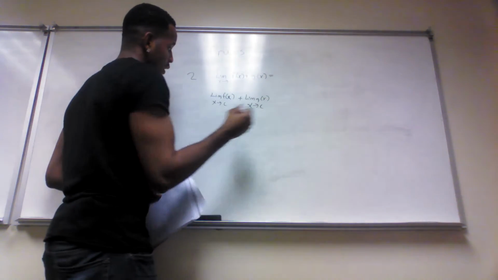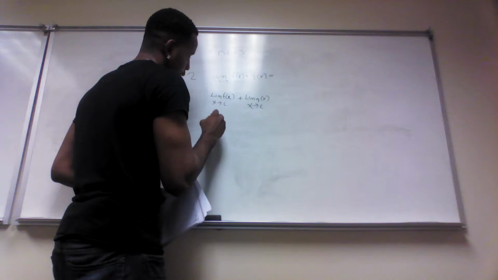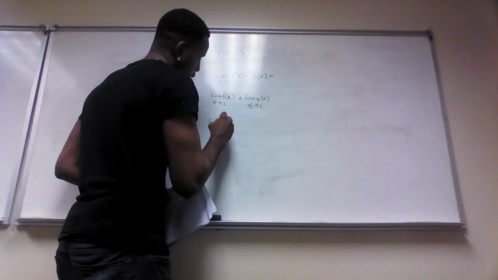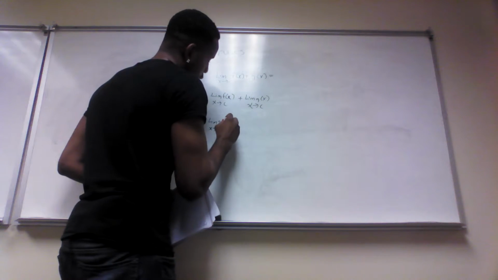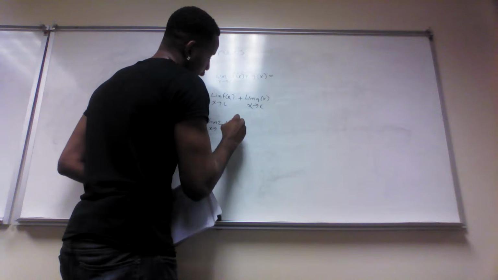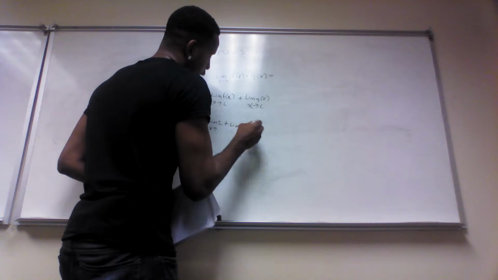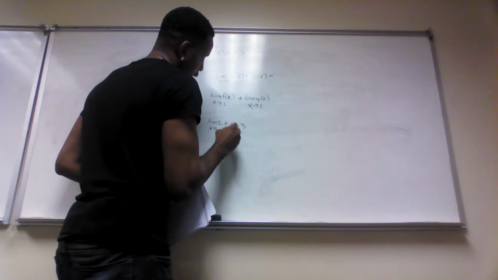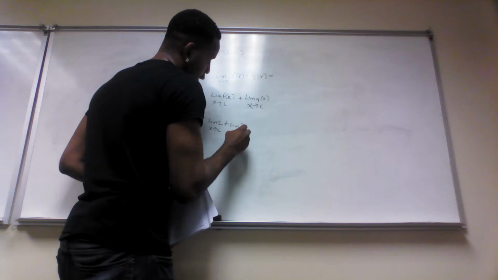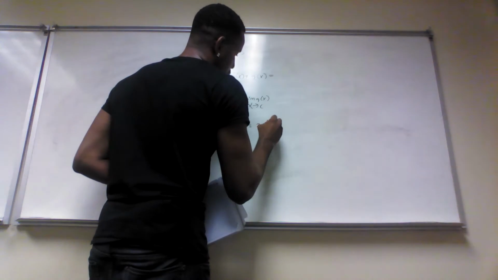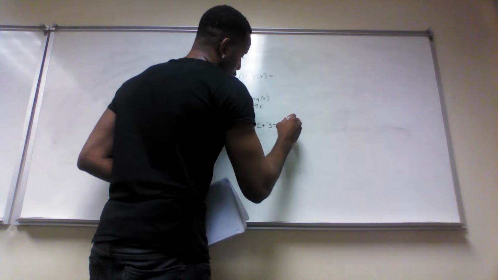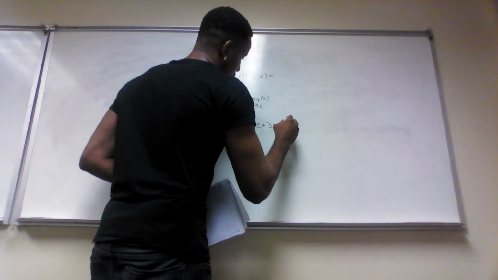Example of this would be the limit of 2 as x approaches c plus the limit of 3 as x approaches c would equal 2 plus 3, giving us the value of 5.